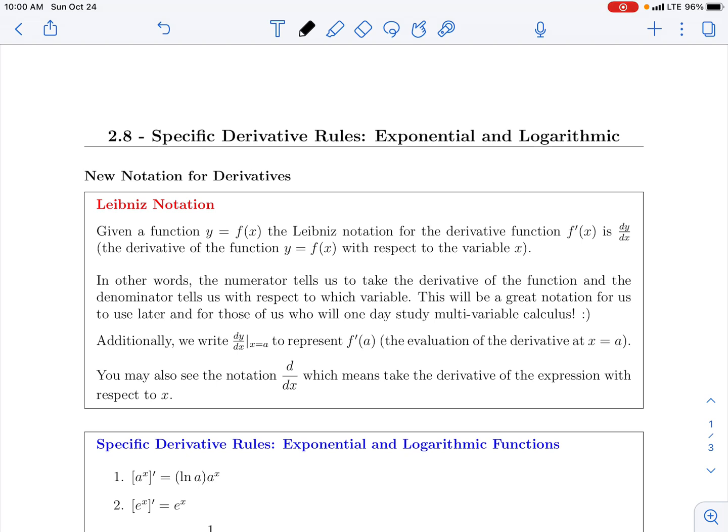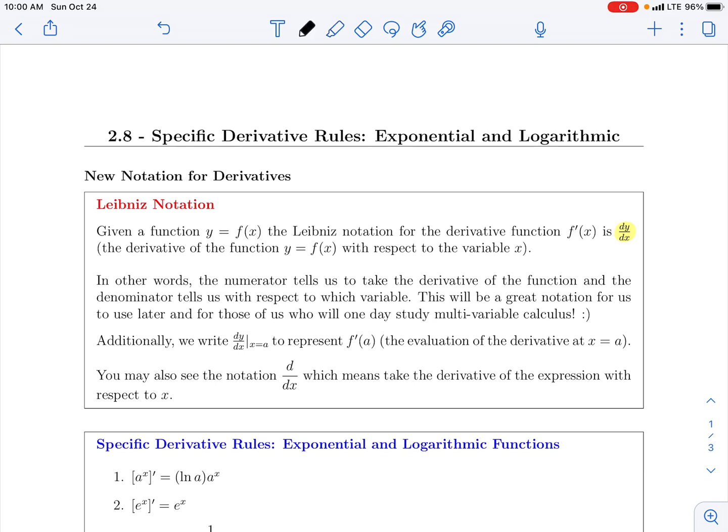And so I just explained that given a function y equals f of x, the Leibniz notation for the derivative f prime is dy dx. The derivative of the function y with respect to the x variable.